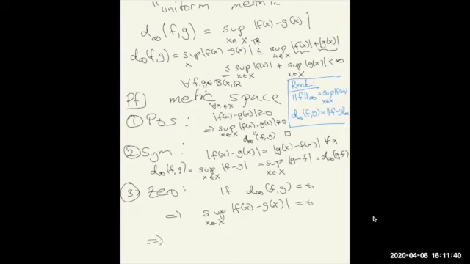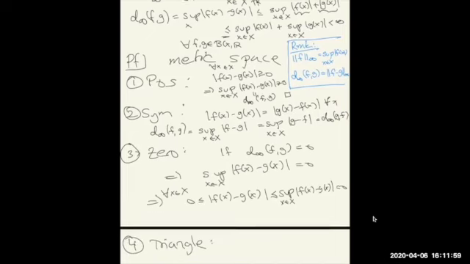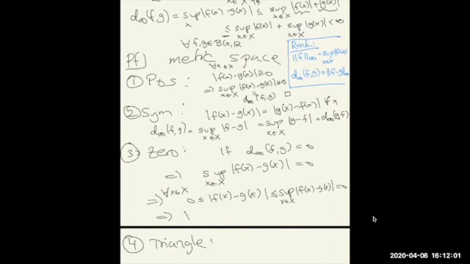This tells us that if I take a particular value in X, then the difference between f of x and g of x is less than or equal to the supremum, which is equal to 0, and it's a non-negative number because it's an absolute value. So therefore, we get that for all x, the absolute value of f of x minus g of x is equal to 0. So for all x in X, f of x is equal to g of x, which means that f is equal to g. Two functions are equal if their values everywhere are equal.